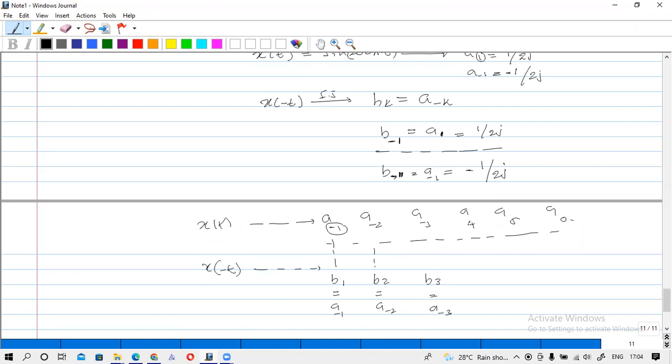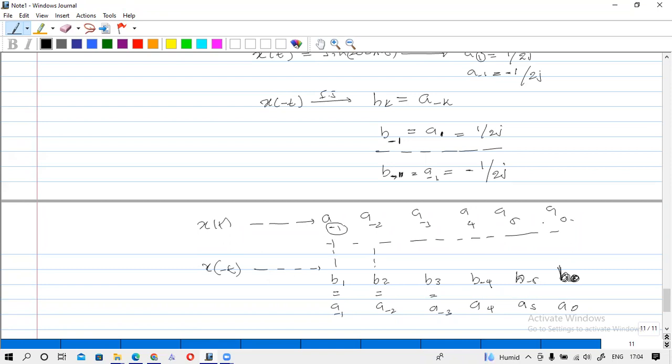Corresponding to a4, we will have b minus 4, equal to a4. Corresponding to a5, we will have b minus 5, equal to a5. And corresponding to a0, we will have b0, because 0 times minus 1 is not relevant, so b0 is equal to a0.